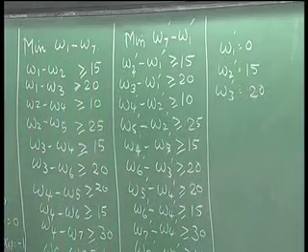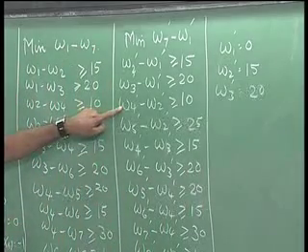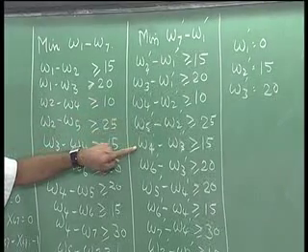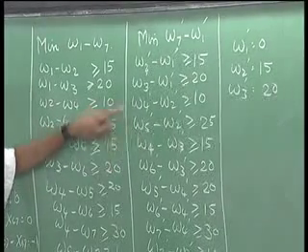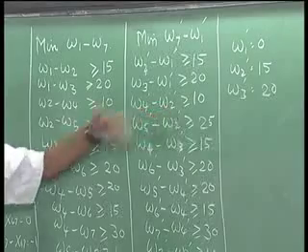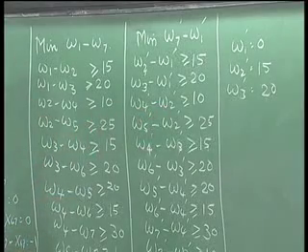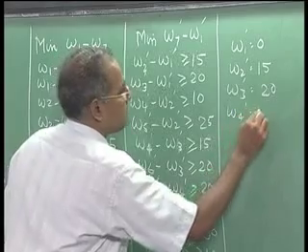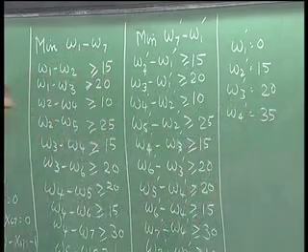Now from this W4 dash will become 15 plus 10, 25, and W4 dash is 20 plus 15, 35. So W4 dash is greater than or equal to 25, W4 dash is greater than or equal to 35, so W4 dash will become equal to 35.